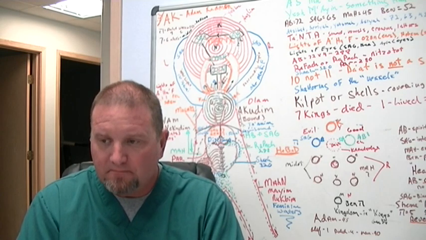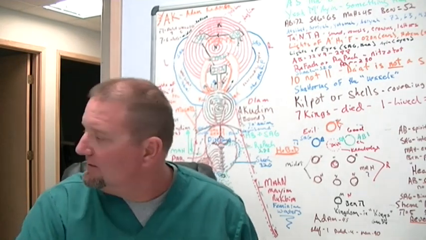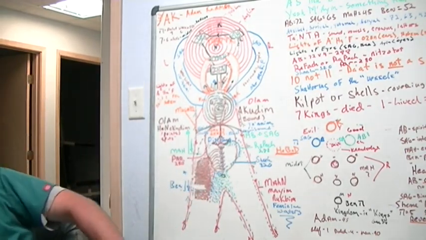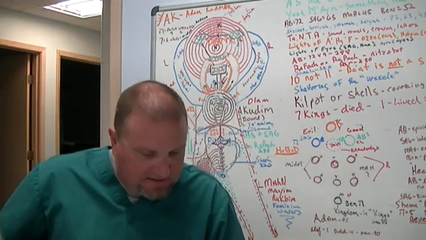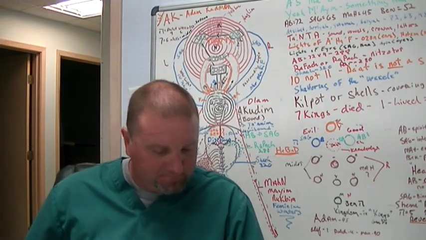So, if you would now turn your attention to this printout, and to Genesis 36, where it talks about the kings of Edom. Let us begin.